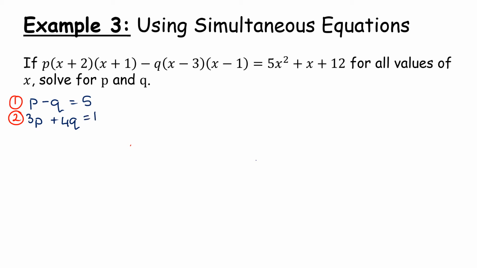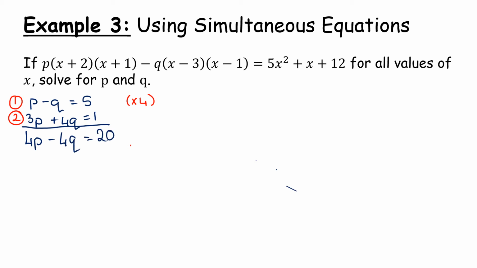I want to use the elimination method, so I'm going to get the q's to eliminate. To do that, I'm going to multiply equation 1 by 4. That gives me 4p minus 4q equals 20.